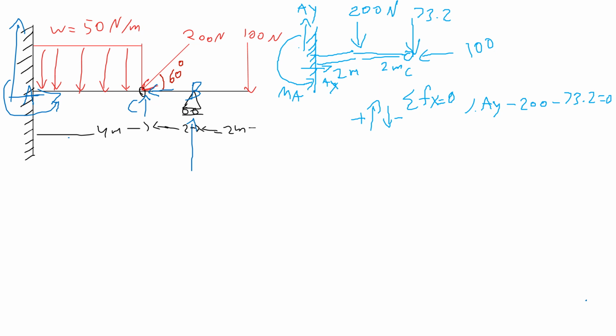So I'm going to have AY equal to, which gives us AY equal 200, because it's going to be positive on the other side. It's going to equal 273.2. Okay?